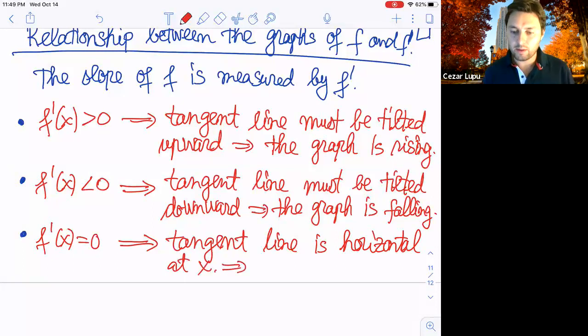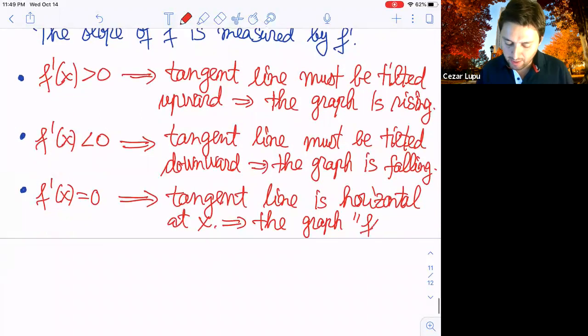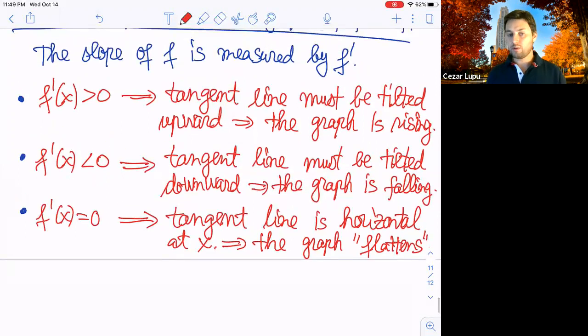So in other words, we can say that the graph flattens. Okay, so these are the three scenarios in which the derivative is related to the function.